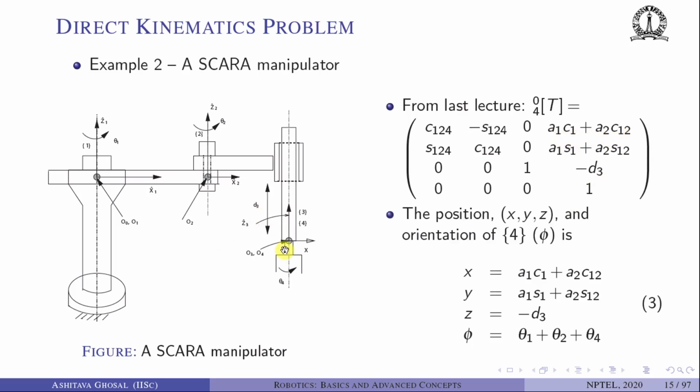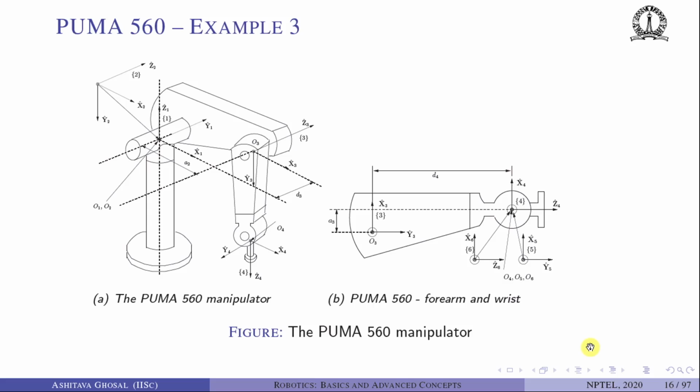So in this case the position of the end effector has X, Y and Z, and if the orientation is denoted by phi, X is given by A1 C1 plus A2 C12, Y is given by A1 S1 plus A2 S12 and Z is minus D3. And phi is theta 1 plus theta 2 plus theta 4.